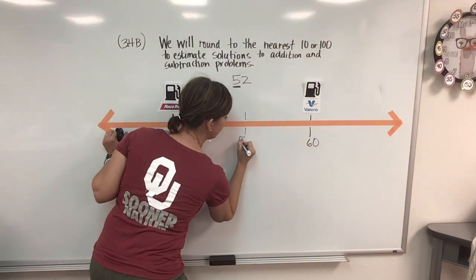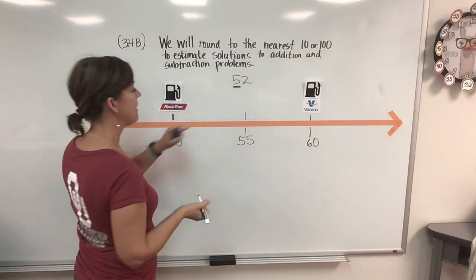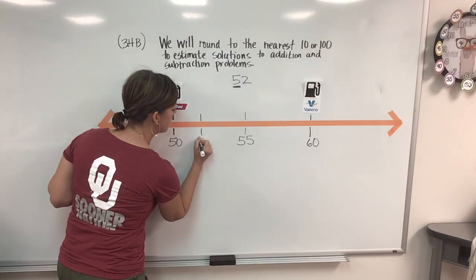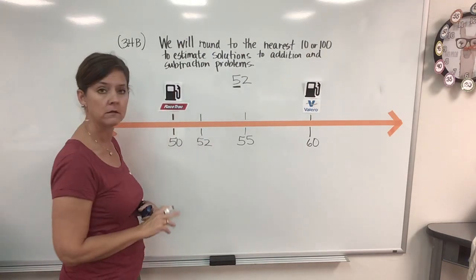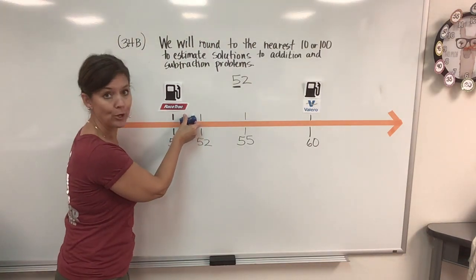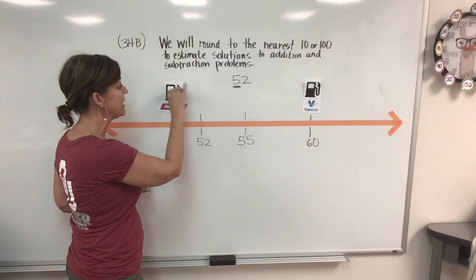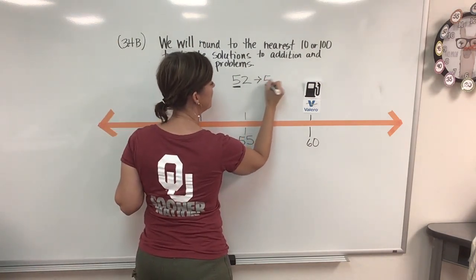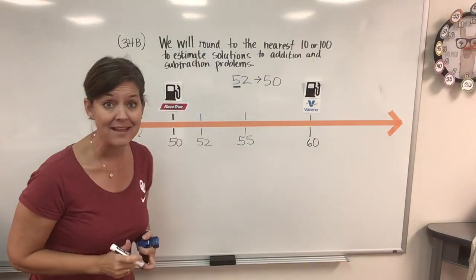So it's going to be 55. Then I'm going to put 52 on my number line. So it's going to be somewhere about right here. If I look at 52, guys, it's obviously super close to Racetrack. So I just need to go back and round that to 50. You getting the hang of it?